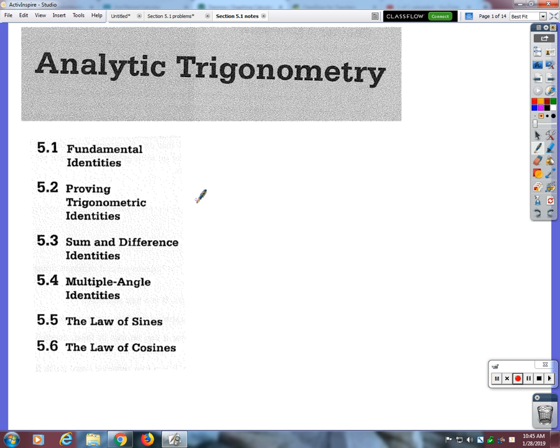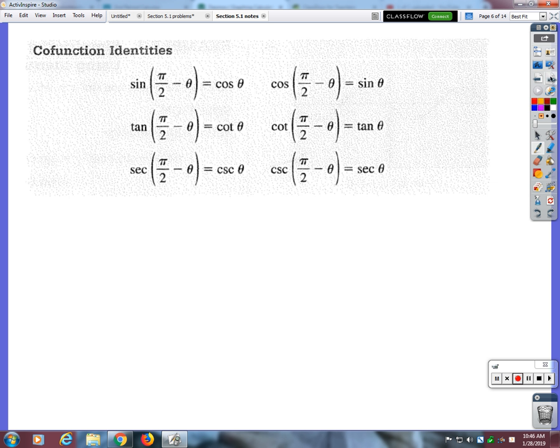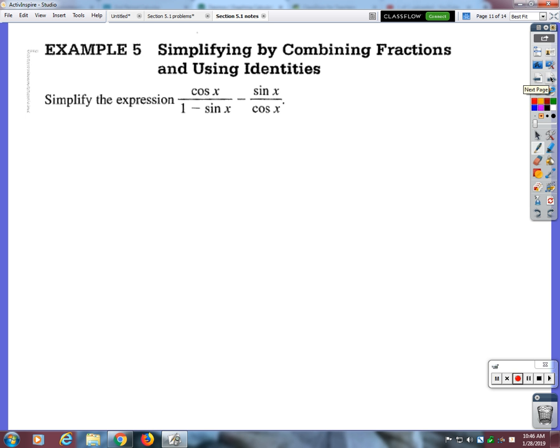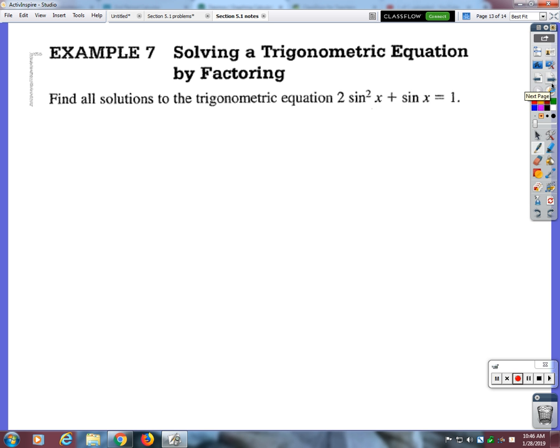Rumor has it that solving trig equations is something that comes up with some frequency on college placement tests.